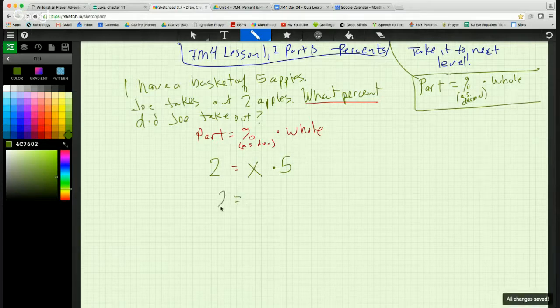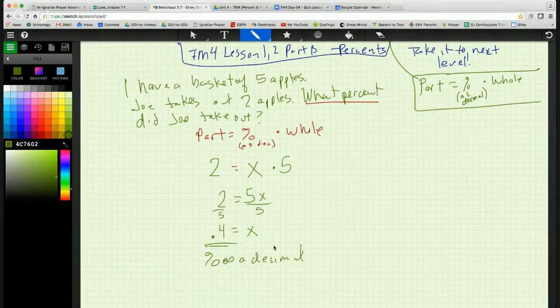So let's say 2 equals 5x, and we know why we can do that. Multiplication is commutative. To solve this, we divide both sides by 5. And you can take out your calculator and say, well, that's 0.4 equals x. So this is our percent as a decimal. We have to take 0.4 and convert it to a percent.